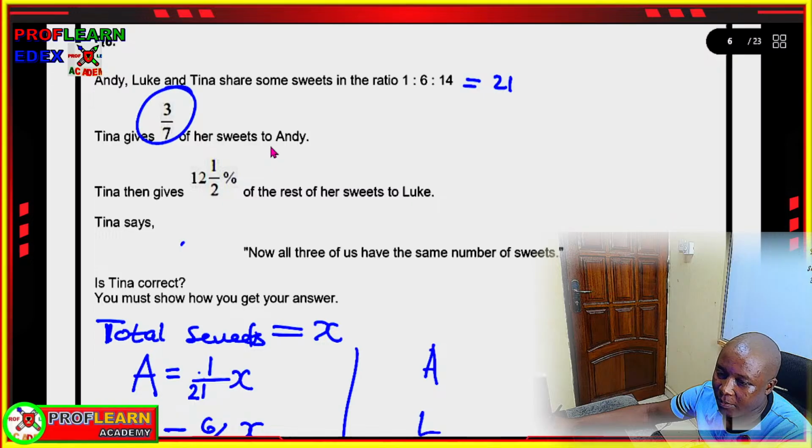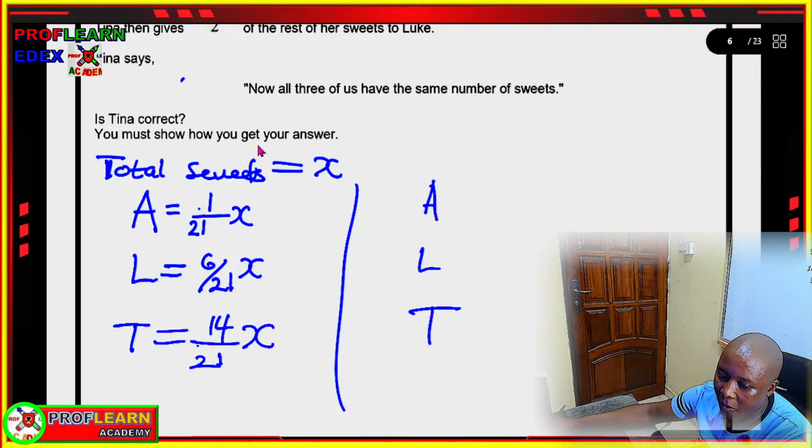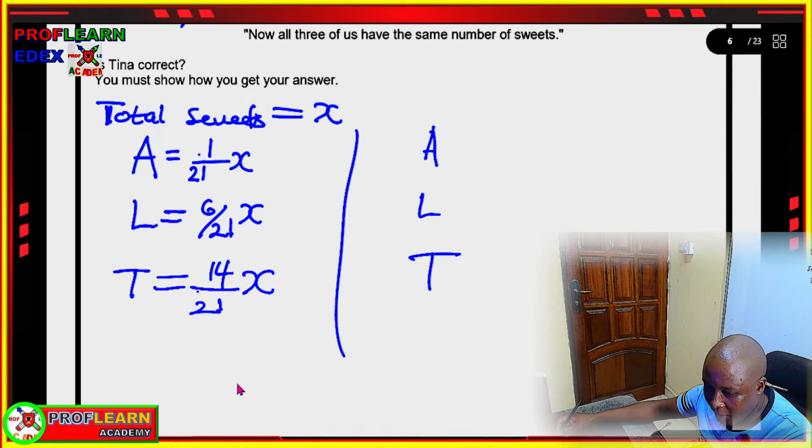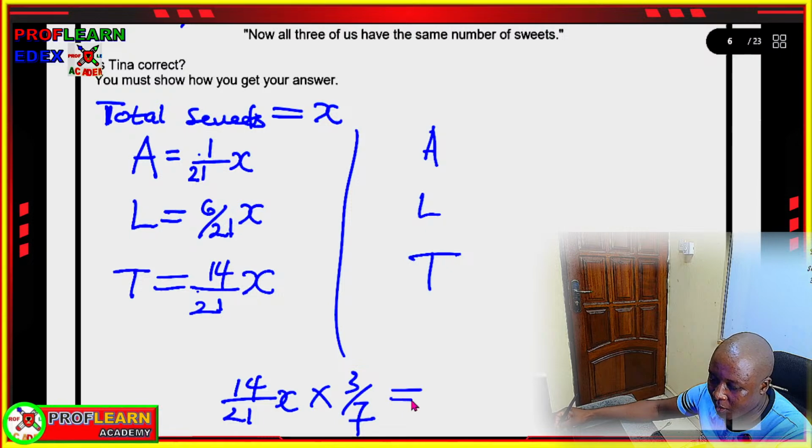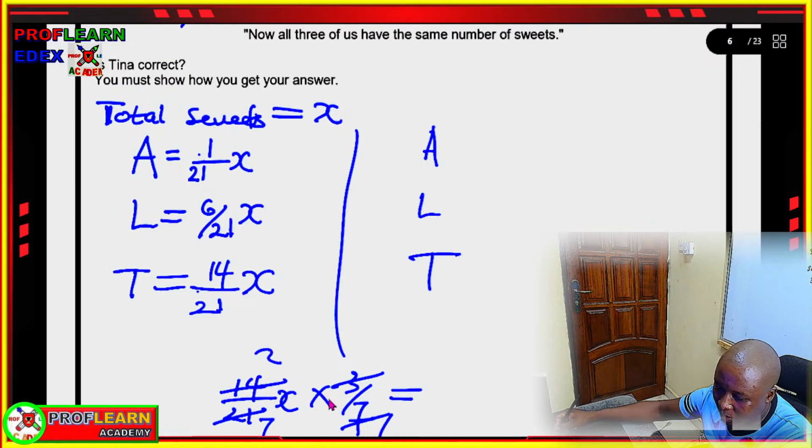So what does that mean? How many sweets? Tina has 14 over 21 x. 3 over 7 of that is equal to what? 7 goes into 14 two times, and 3 over 21 stays. So the sweets that are going to be transferred will be 2 over 7 x.